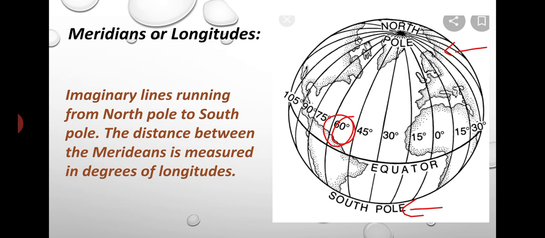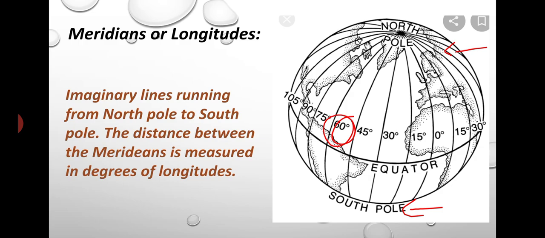In our last class, we had discussed latitudes, their characteristic features, the measurement of latitudes as well as the important latitudes or parallels located on the globe. In today's session, let us study about meridians or longitudes. They are imaginary lines which run from the North Pole to the South Pole.